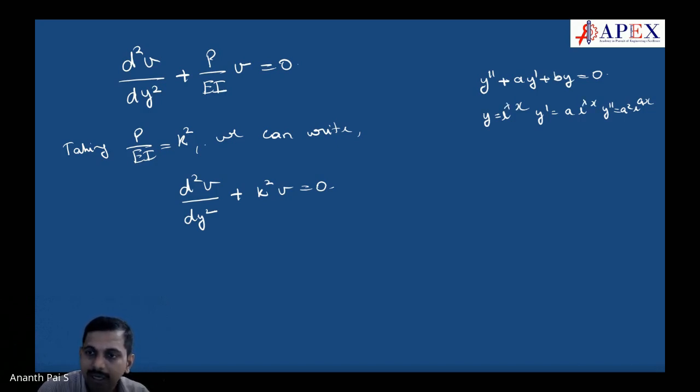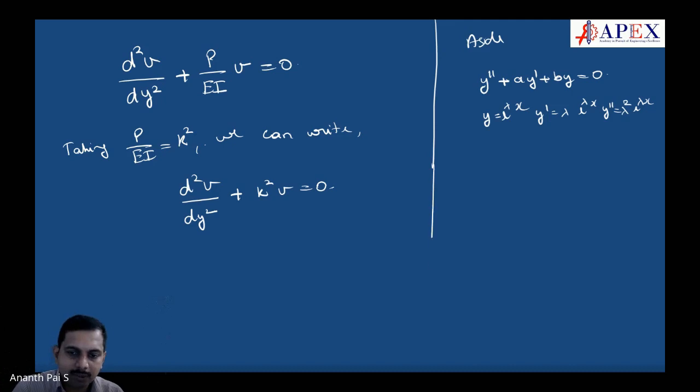We will use lambda so that there is no confusion, because a is already there. You're differentiating twice. The people who have not attended differential equation classes, for you it will be a revision. I'm doing differential equations as a small side part only.